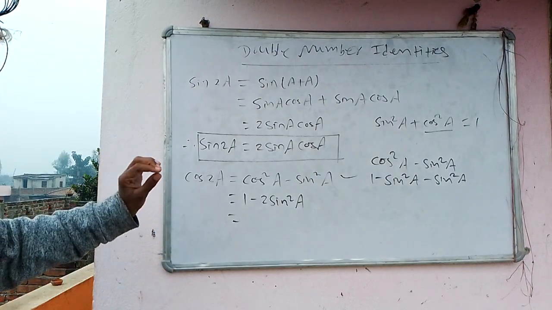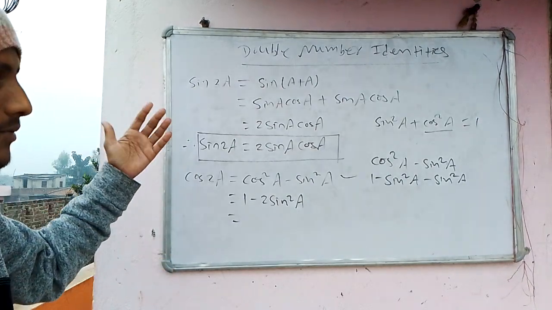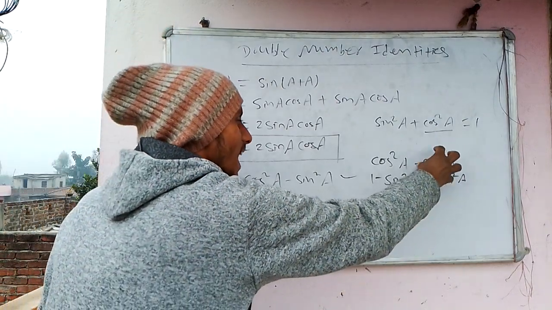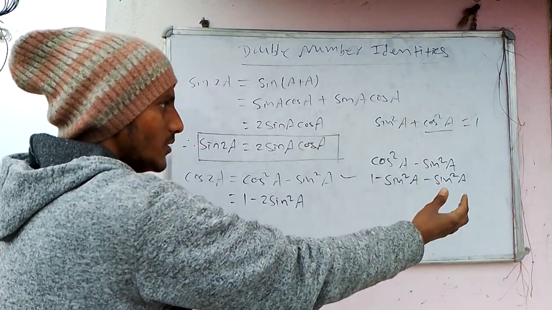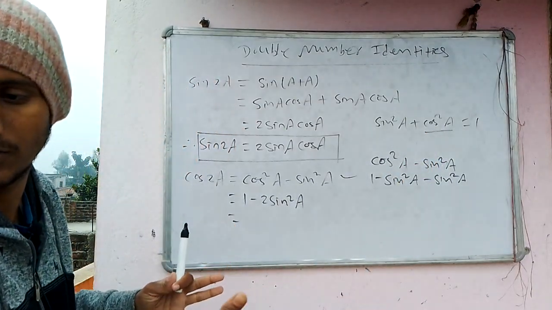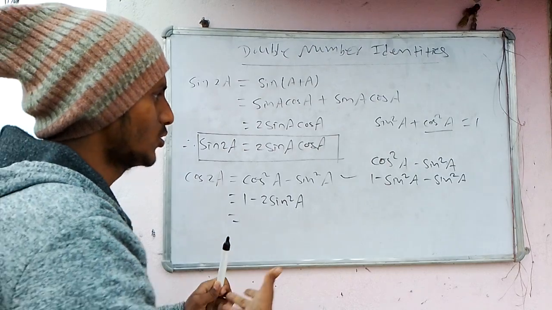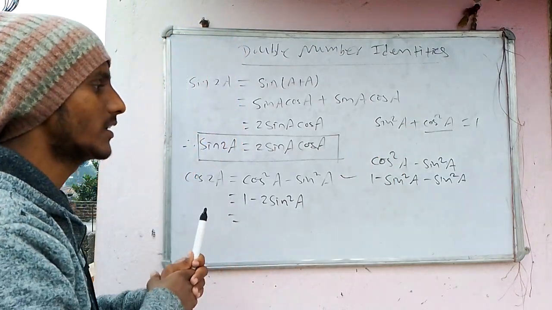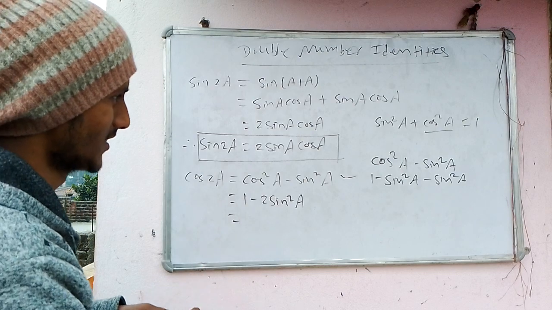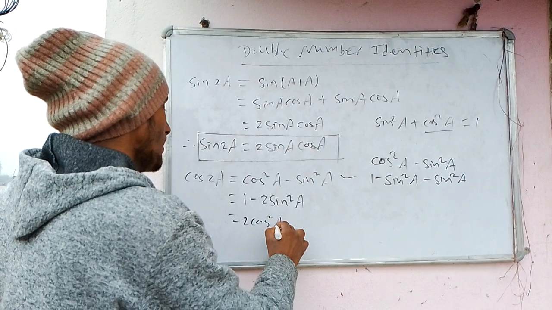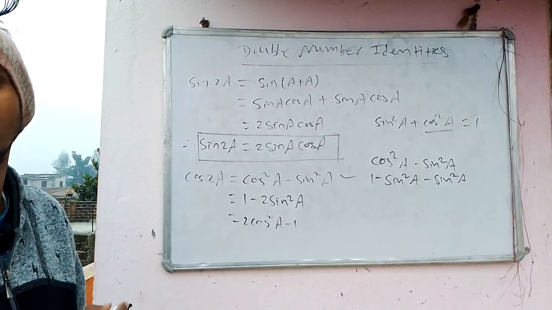If you want to write in terms of cosine only, then replace sine with its cosine counterpart. So sine squared A will be 1 minus cosine squared A, and you're going to have 2 cosine squared A minus 1 as the result if you write in terms of cosine only.